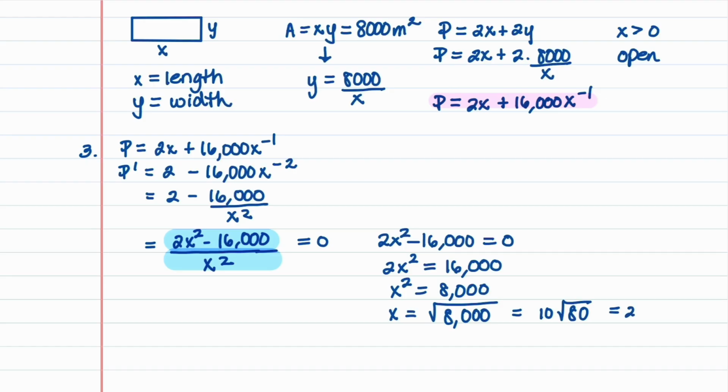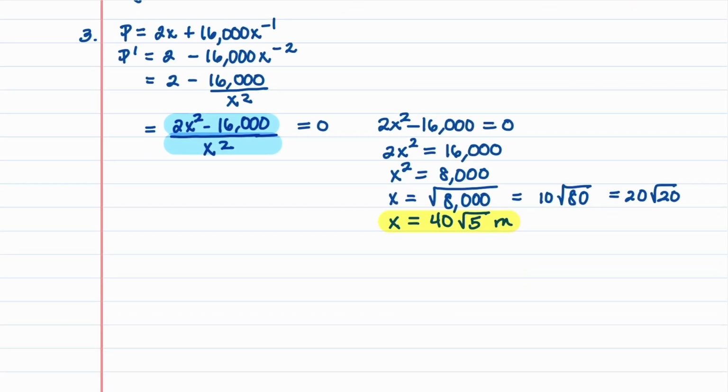So this is 20 times the square root of 20. And then the square root of 20 is 4 times 5, and we can pull out another 2. So our x is going to be 20 times 2, which is 40, times the square root of 5. And now let's put units on it. We are working in meters. So we found that x is equal to 40 root 5 meters.